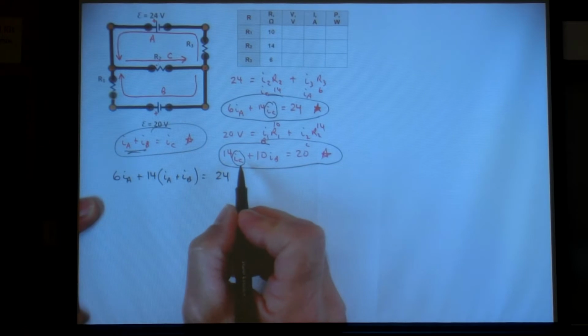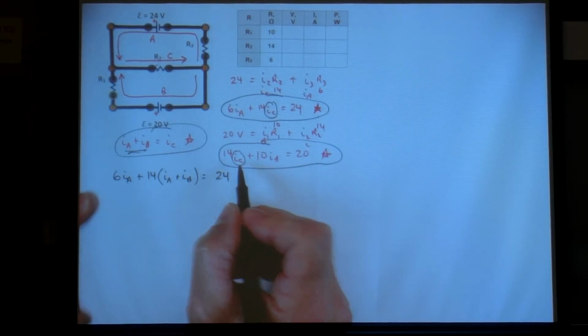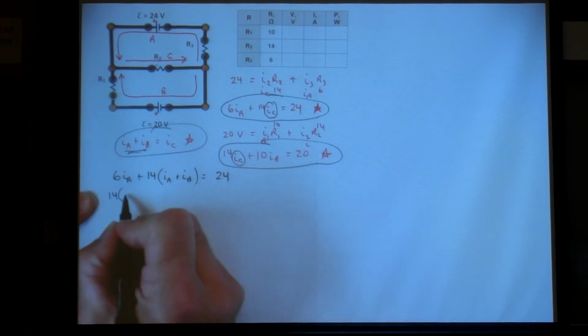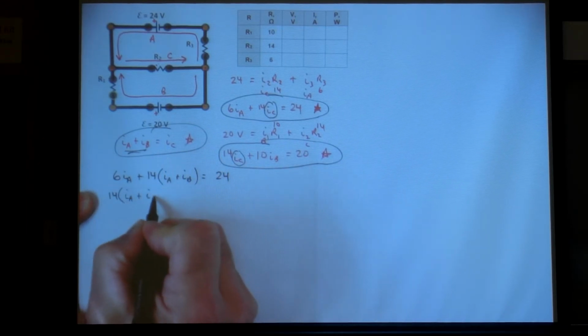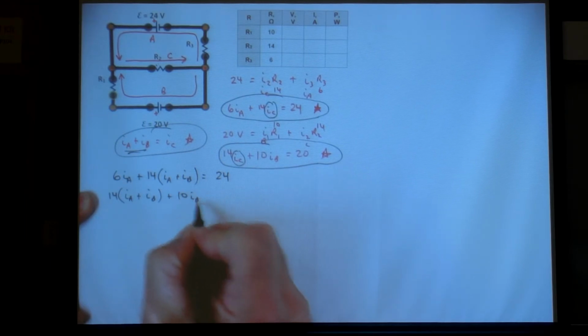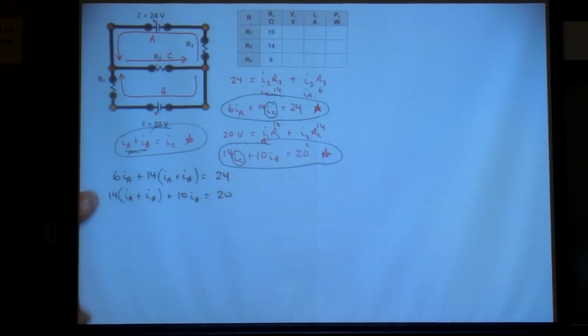And then we substitute it into the second equation. We're going to have 14 times IC, which is IA plus IB, plus 10 IB equals 20.